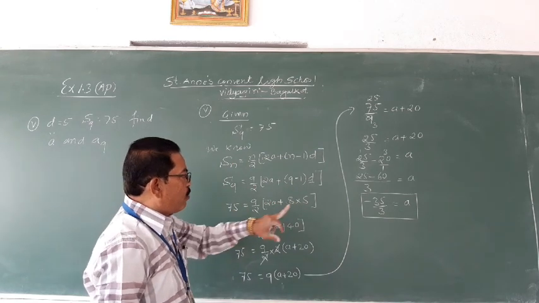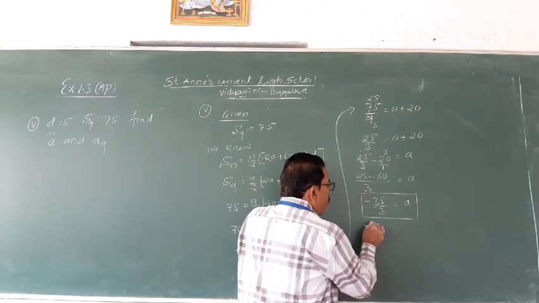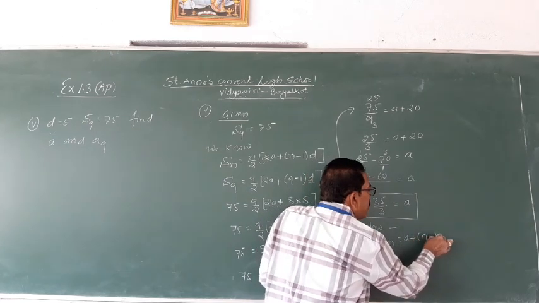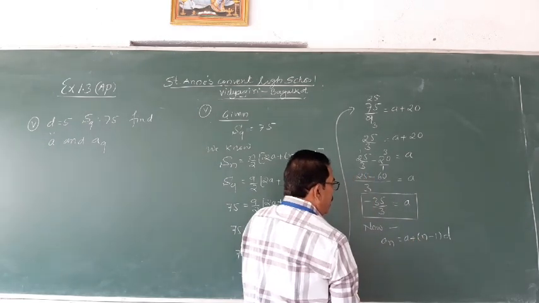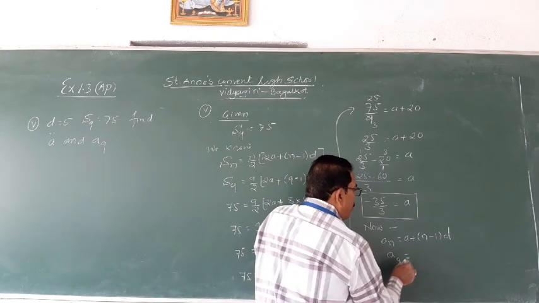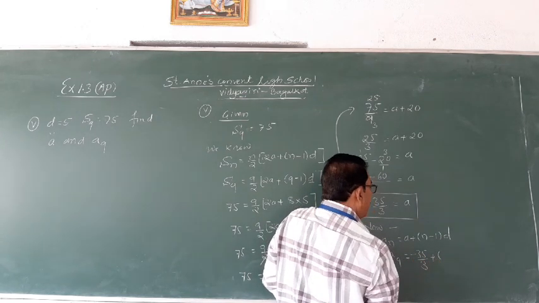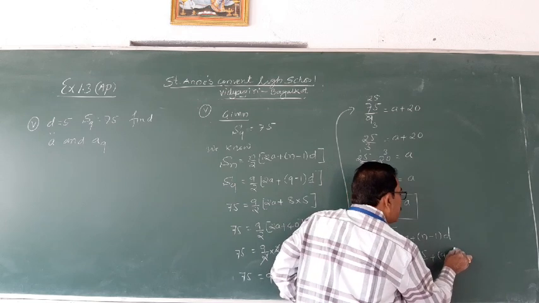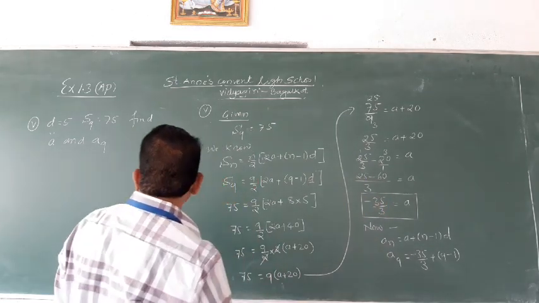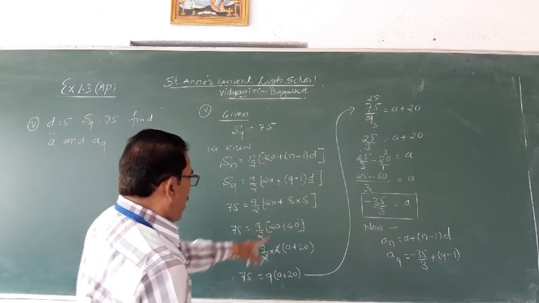Substituting this value, a equals minus 35 by 3, in a9. Now an equals a plus (n minus 1) into d. So a9 equals minus 35 by 3 plus (9 minus 1) into d. How much did we get for d? That is 5.